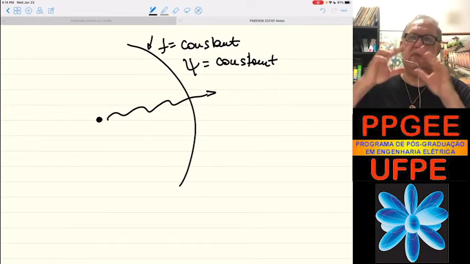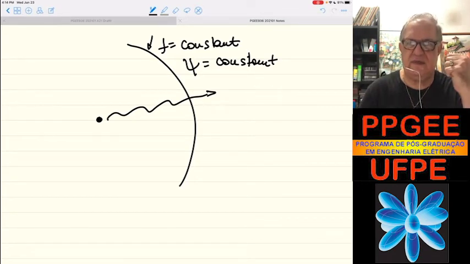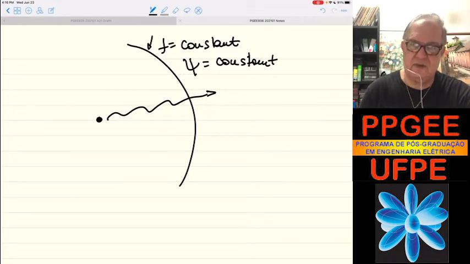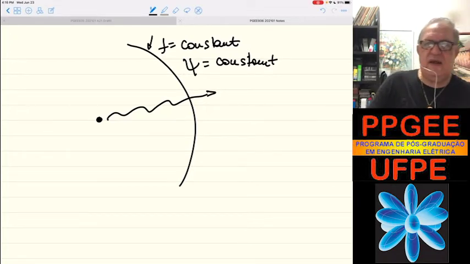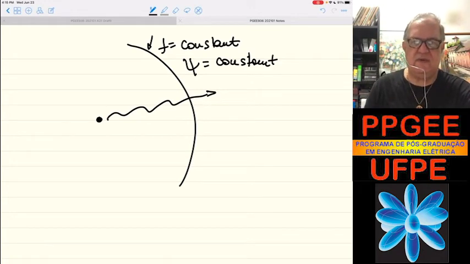And the area increases with r squared. So the product is a constant, which means that the power is conserved. That's the consequence. So every spherical wave, even for fields, has to have 1 over r dependence.